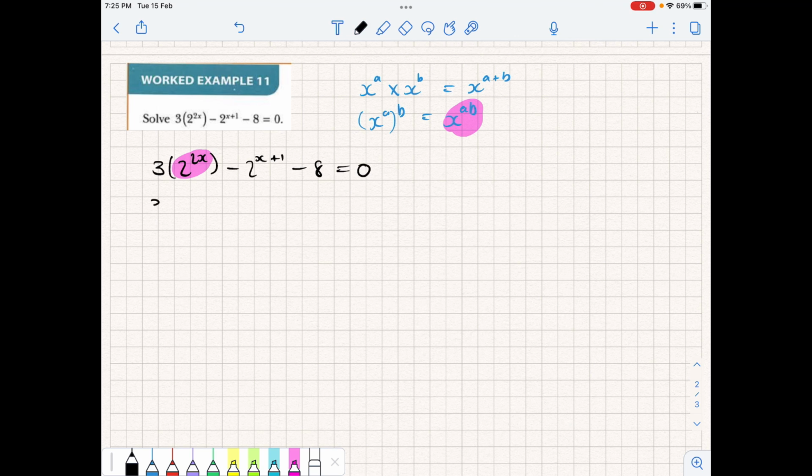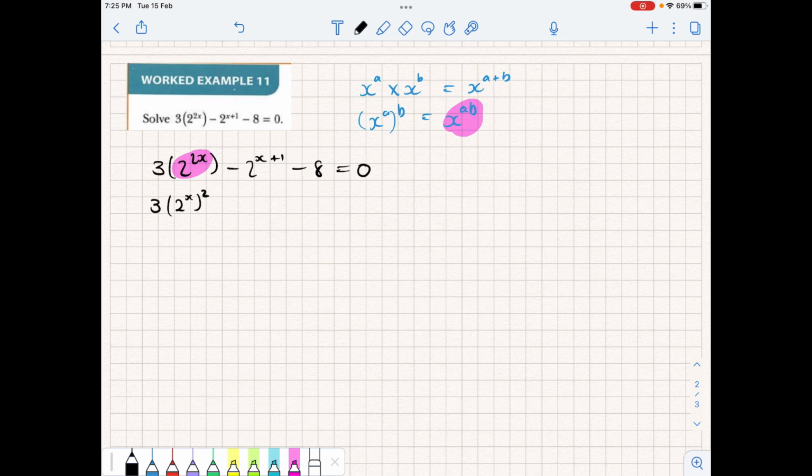So this is going to become 3 times 2 to the power of x, squared. If I distributed that back using my laws of indices, I'd multiply 2 by x and get 2x. So I've isolated 2 to the power of x, and then raised that all to the power of 2.